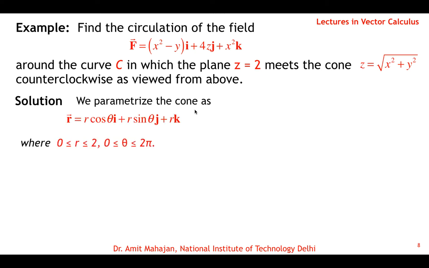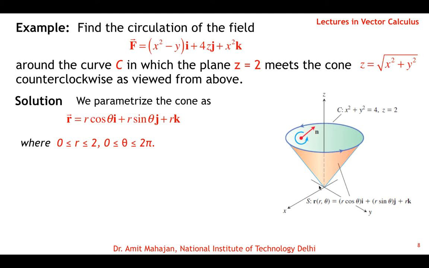The cone in parametric form can be written as r = r cos theta i + r sin theta j + r k. Clearly you can see that the radial r varies from the origin to 2, and theta for the cone is 0 to 2 pi.